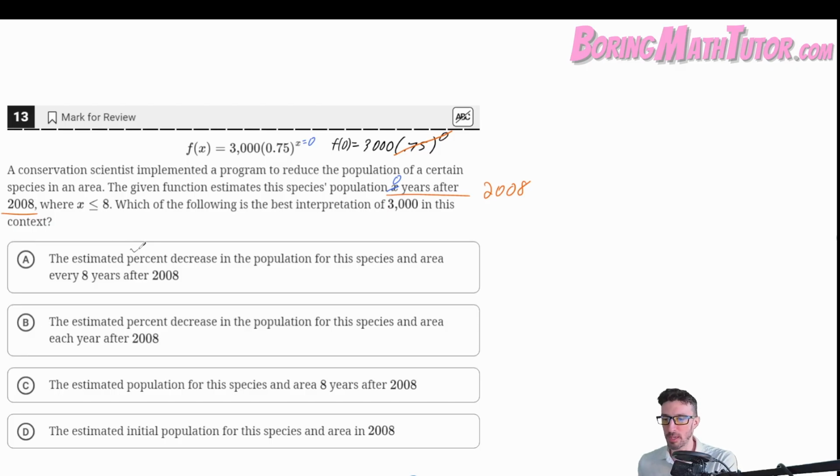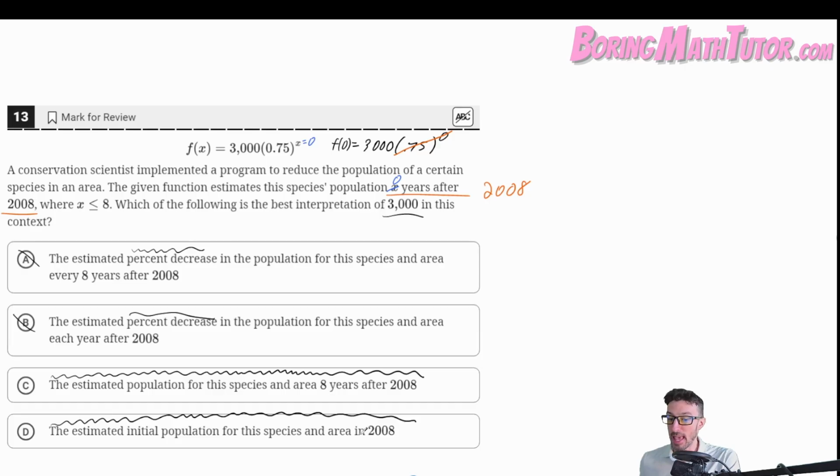So let's go take a look to see which one of those could possibly make sense. Now, I'm skipping over these things that say that the 3000 is the percent decrease. That doesn't really seem to make sense here. Let's keep reading though. It's the estimated population for the species and area 8 years after 2008, or it's the estimated initial population in 2008.